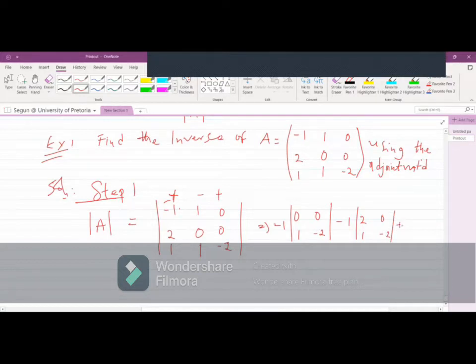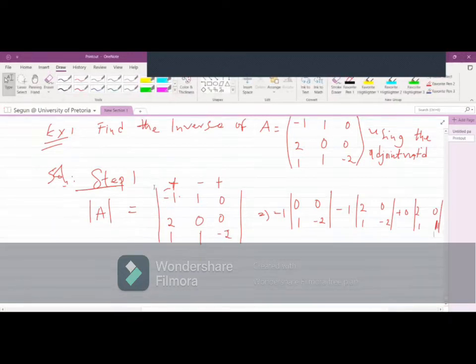The third one is 0, 1, 1. So at the end of the day, you cross multiply. You have -1 in bracket, 0 multiplied by -2, 0.